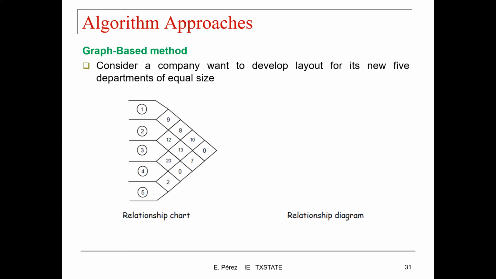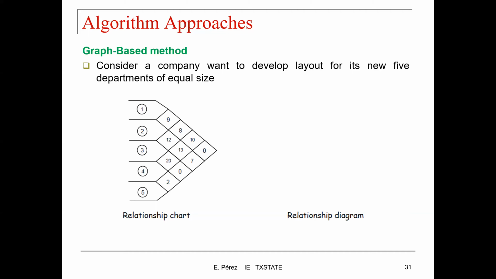So let's look at the graph-based method. As an example, consider a company that wants to develop a layout for its new 5 departments of equal size. And we have the relationship chart here illustrating the weights.